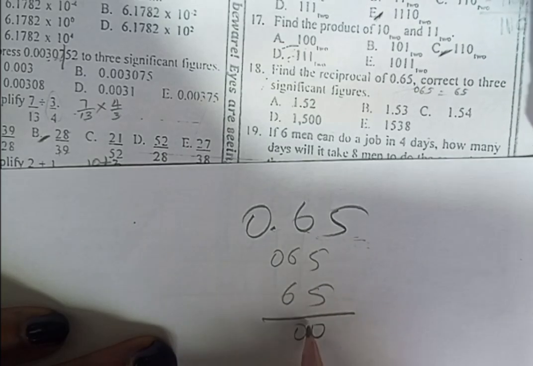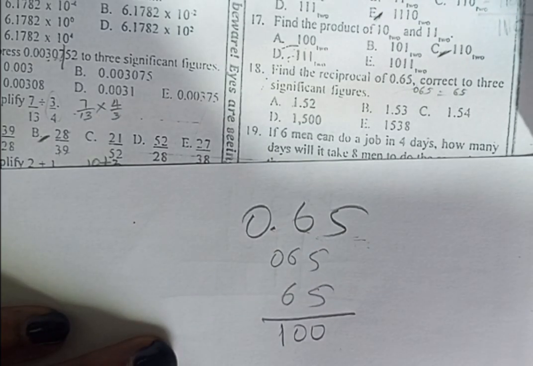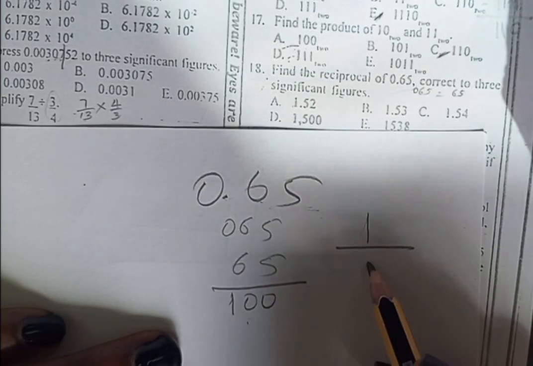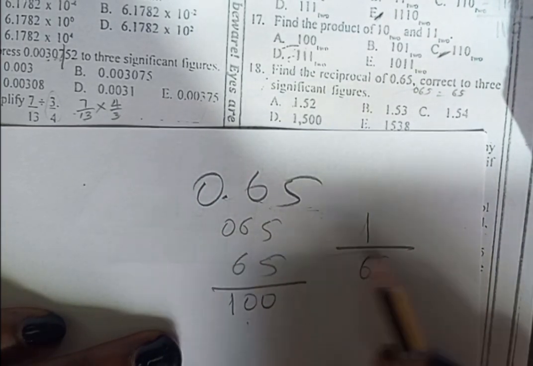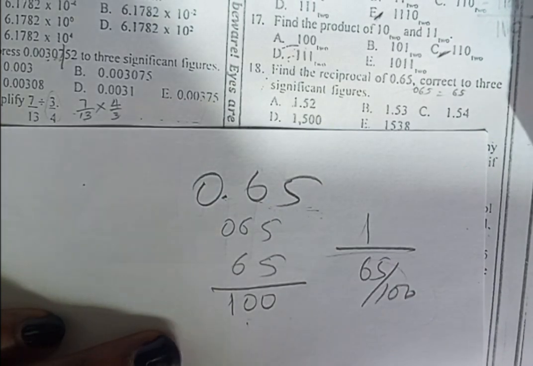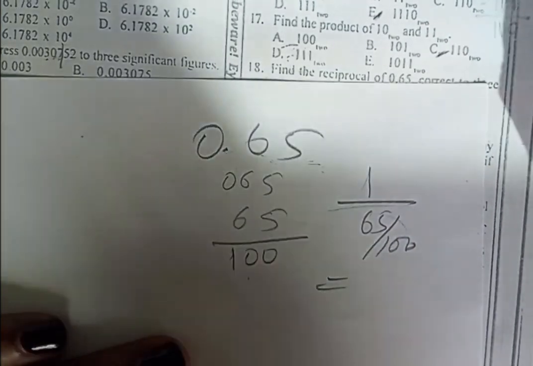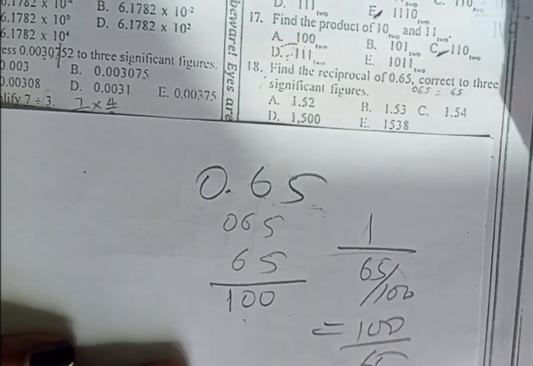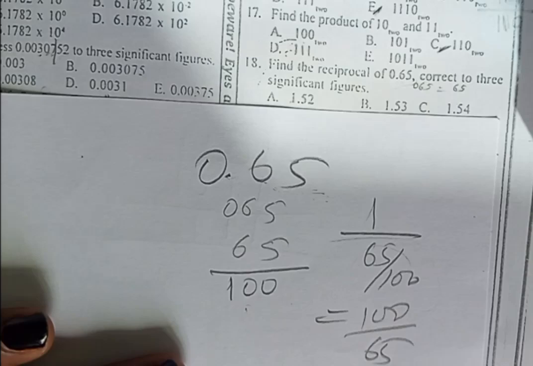So I have over 2 zeros, which means over 100. Then reciprocal means I'm going to turn this upside down, 1 over this. That means 100 over 65. Okay. That is it. Then I change it to decimal.